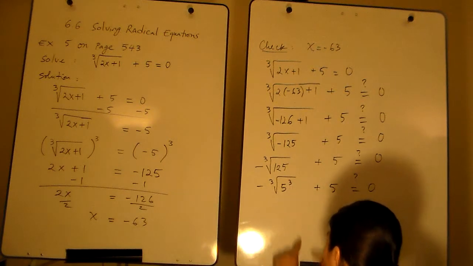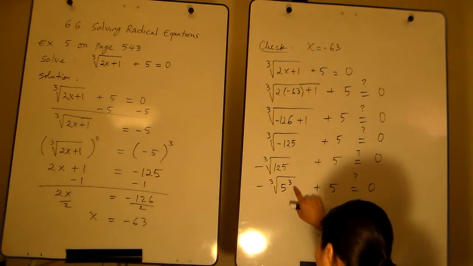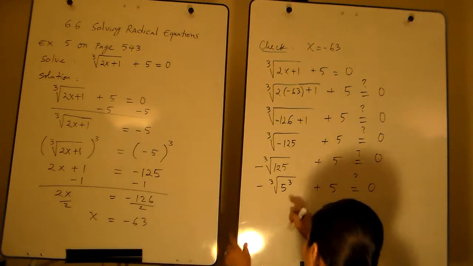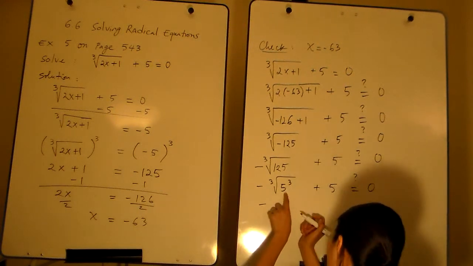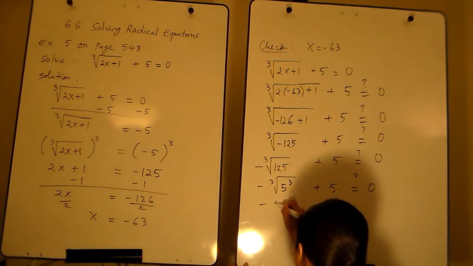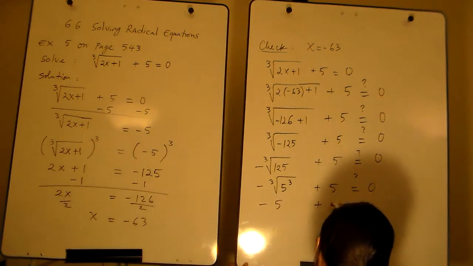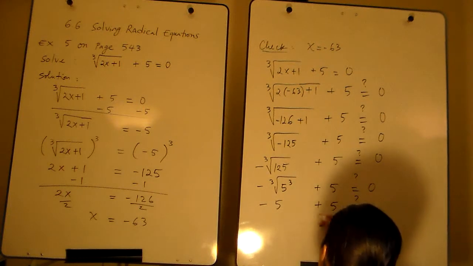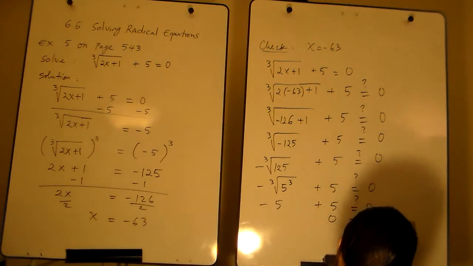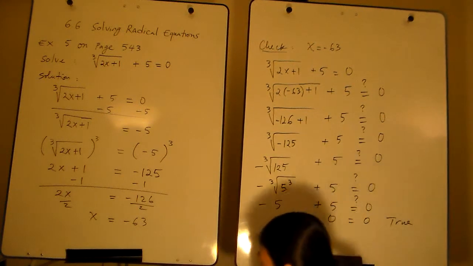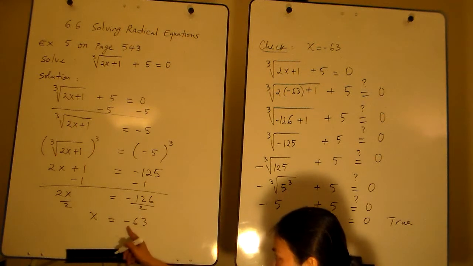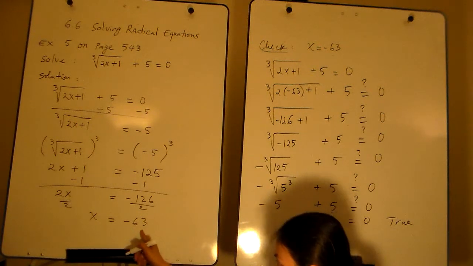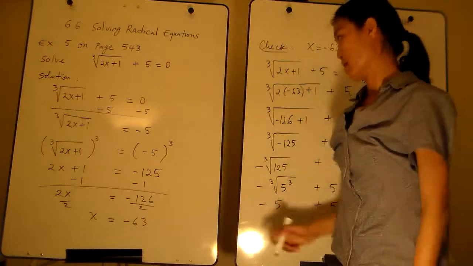Now, because this 5 has exponent 3, it matches the index 3 here. That means you can simplify this cube root to 5, so negative 5 plus 5, question mark, 0. Negative 5 plus 5 is 0. So actually this is a true statement. So you say that x equal to negative 63 is the solution to this equation.